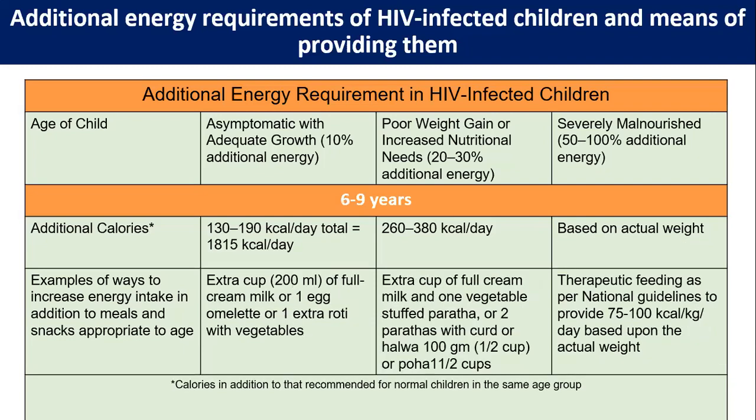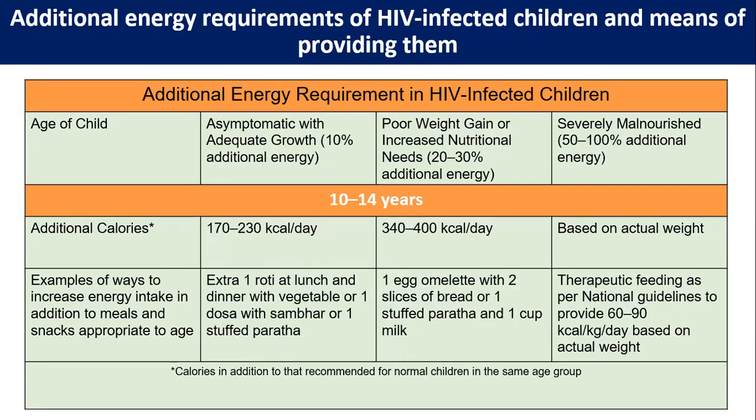Similarly, they have given the ways how we can increase the calorie for a 6 to 9 years old CLHIV requiring additional calorie. Similarly, in 10 to 14 years, and these are nicely detailed in our national guideline of 2021. So it is advisable that everybody should go through the guide.